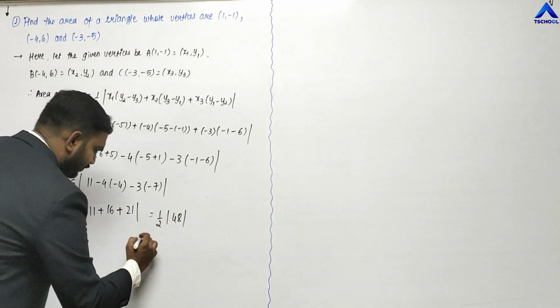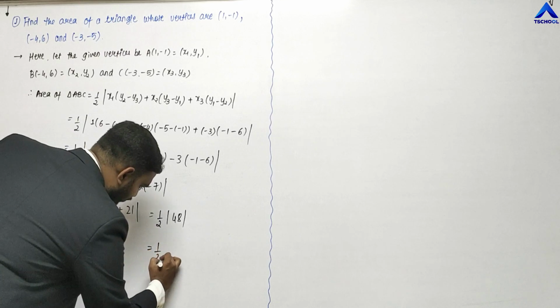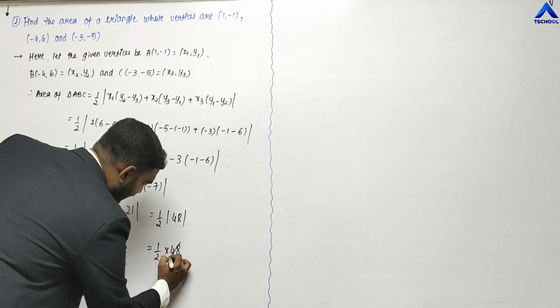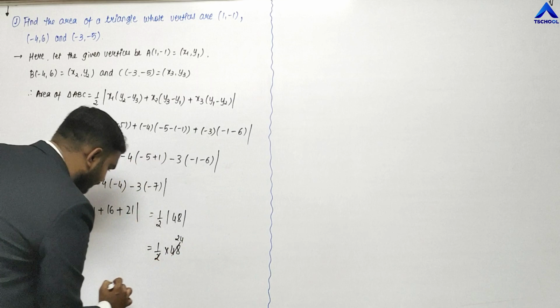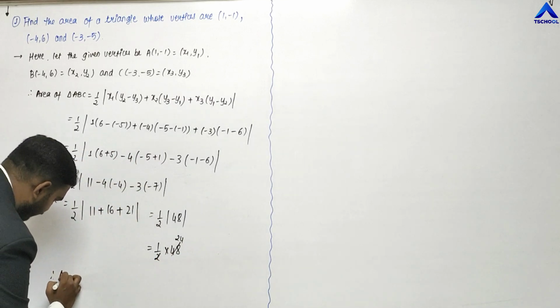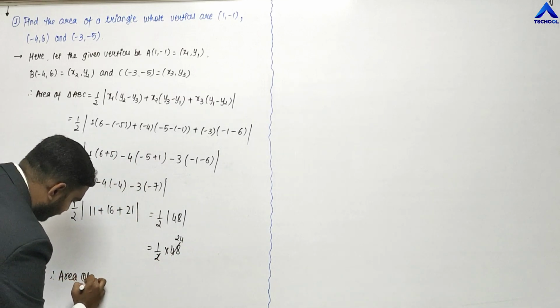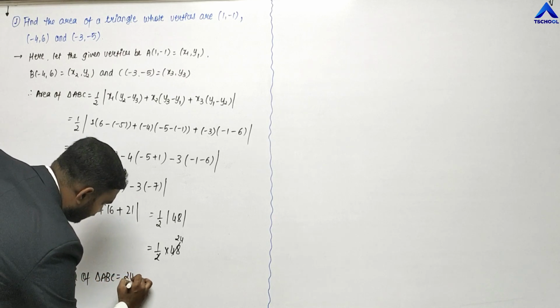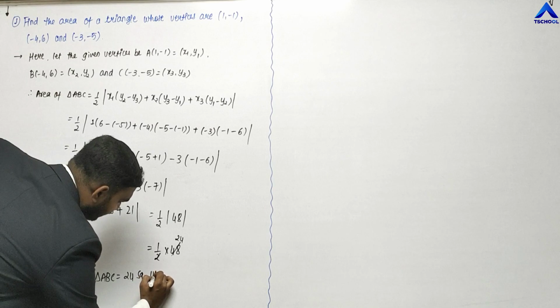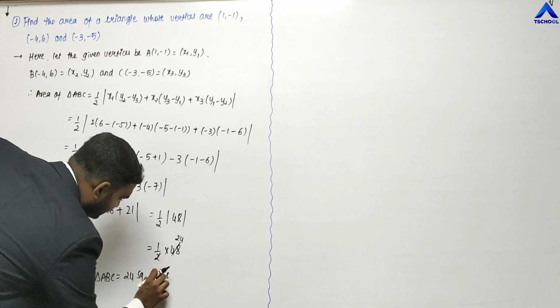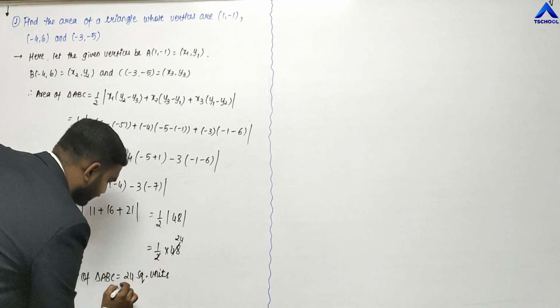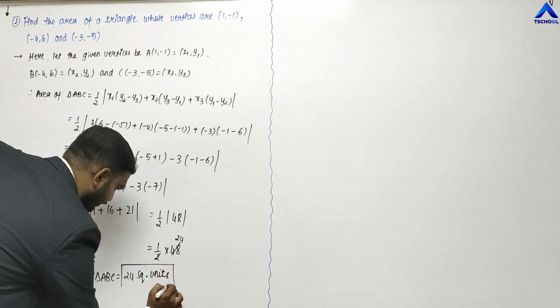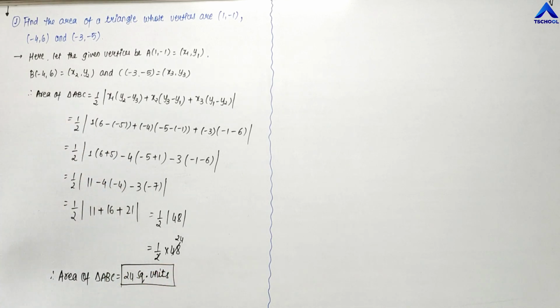That is equal to 1 by 2 into 48, which will be cancelled as 24. Therefore, the area of triangle ABC so formed is equal to 24 square units, right? 24 square units is the answer to this question.